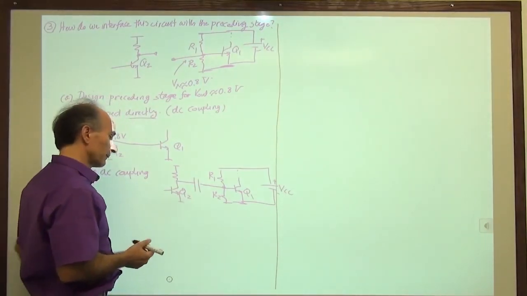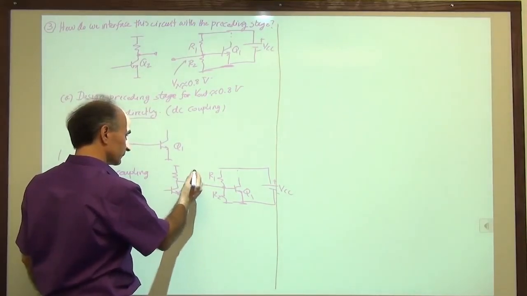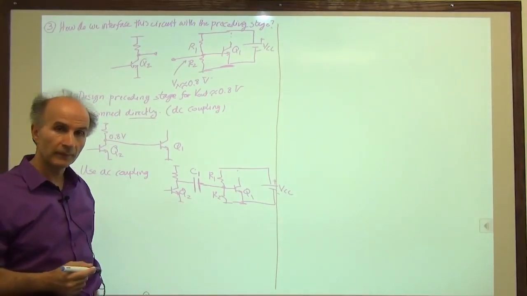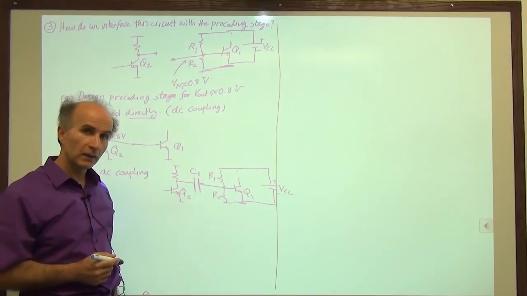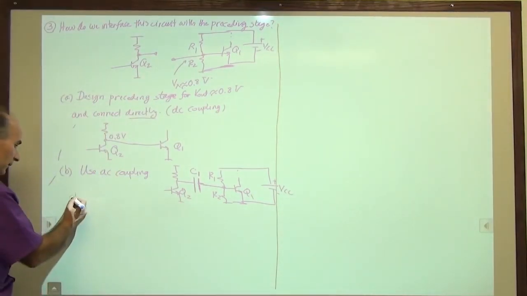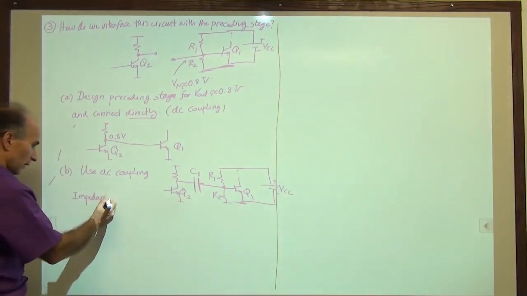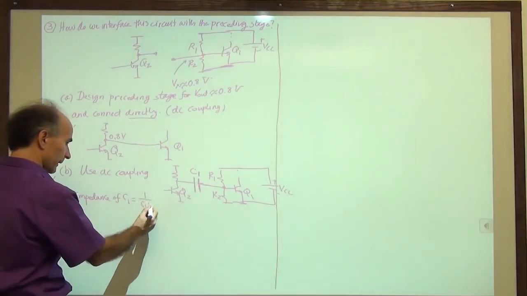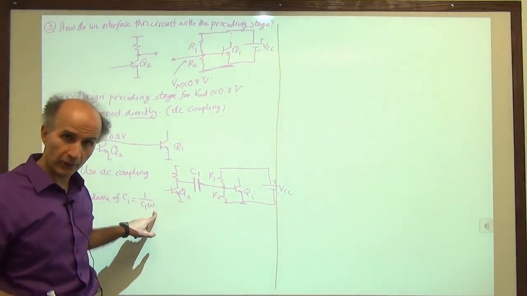All right, so the question is, how do we choose this capacitor value? Let's call it C1. We want C1 to be large, because if you remember from your basic circuit theory, the impedance of C1 is equal to 1 over C1 omega. Omega is 2 pi f, 2 pi times the frequency of interest.